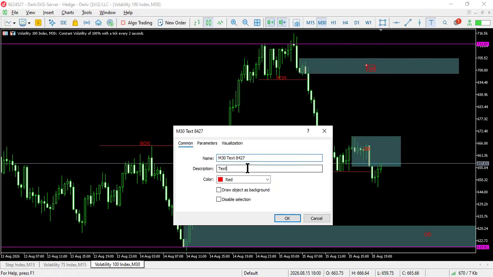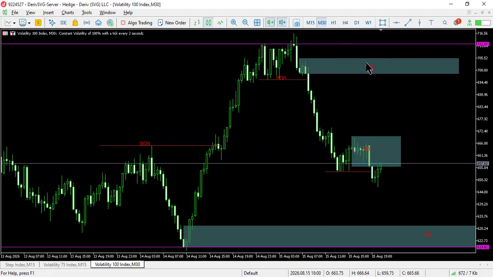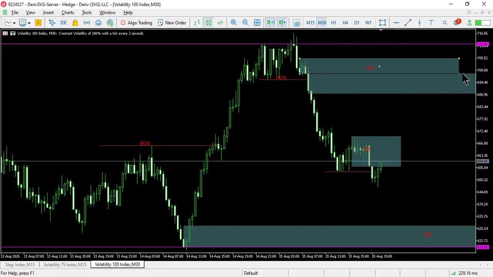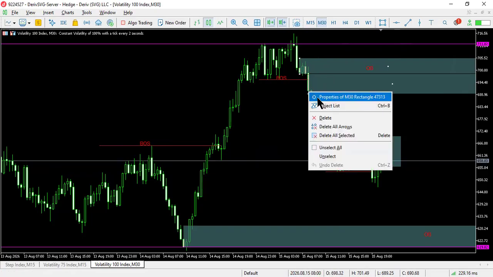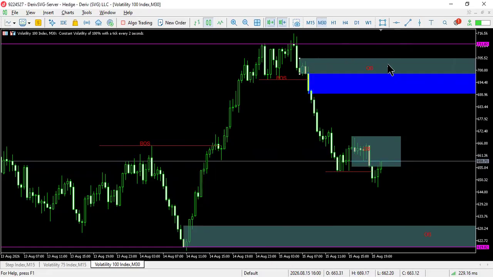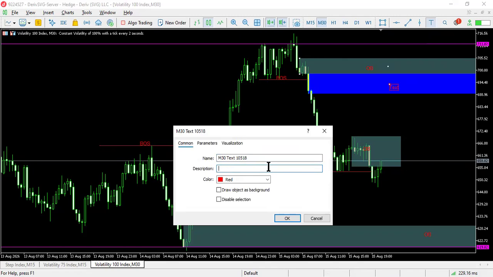It is that order block. And then we also have our fair value gap. At that level, we have FVG.